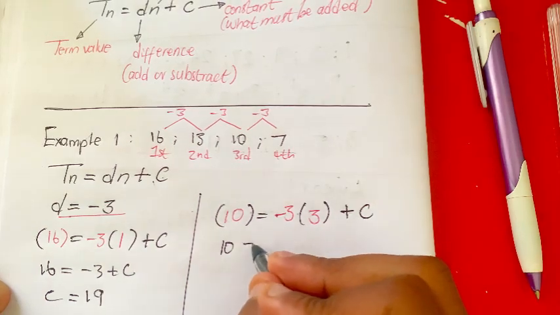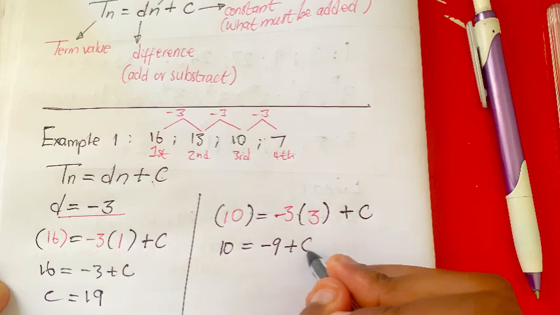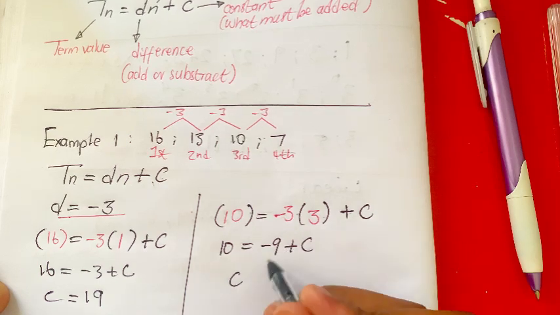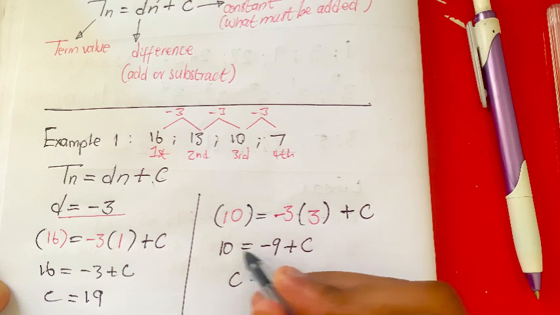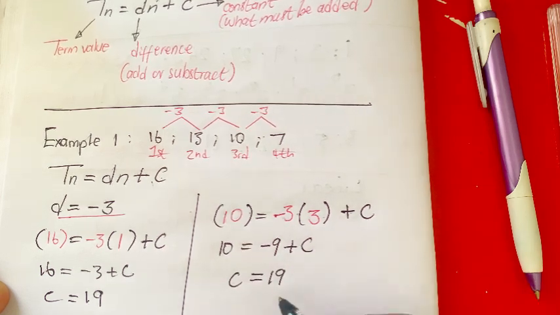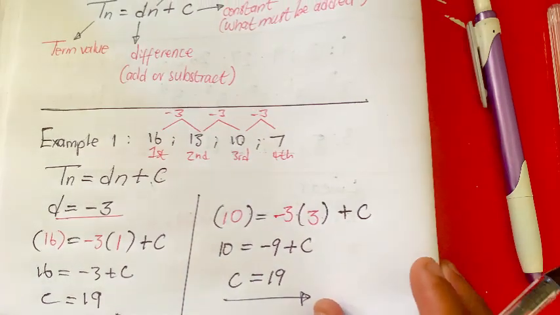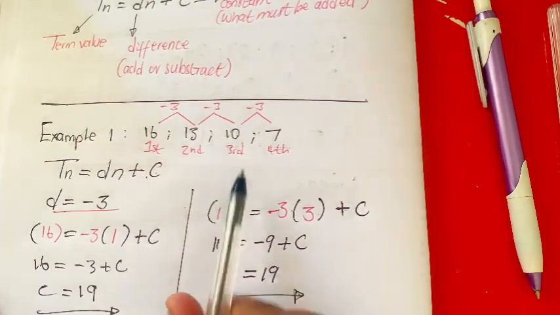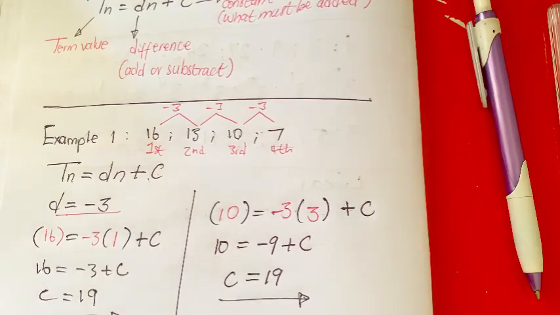You have 10 here. You have -3 times 3, which is -9 plus C. To solve for C, 9 will go to the other side and become positive. So 10 plus 9 will be 19. So you see, C is the same regardless of the position you choose, as long as you choose the correct value and the position.